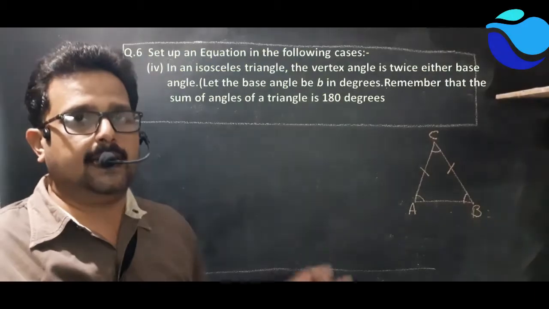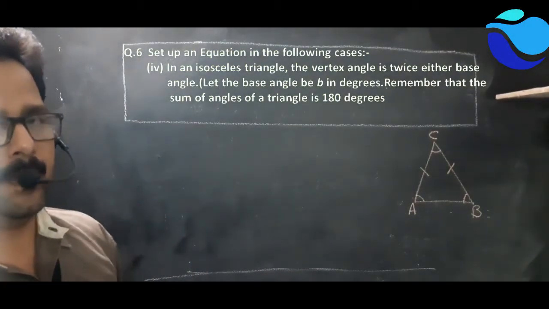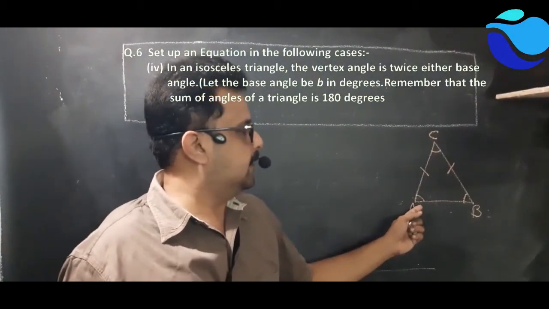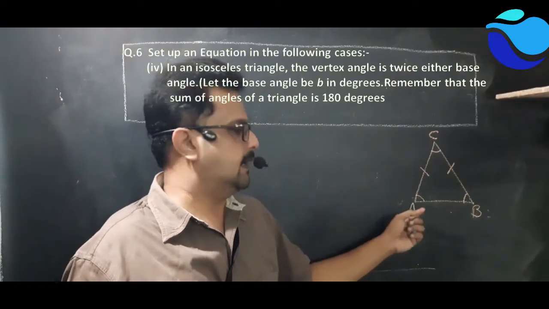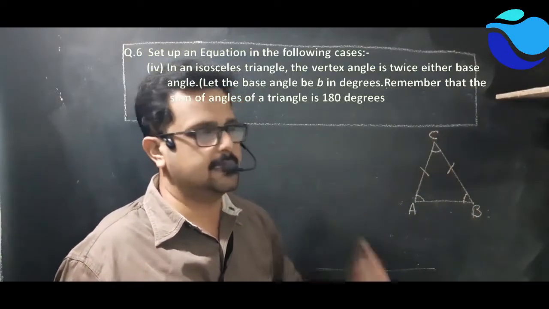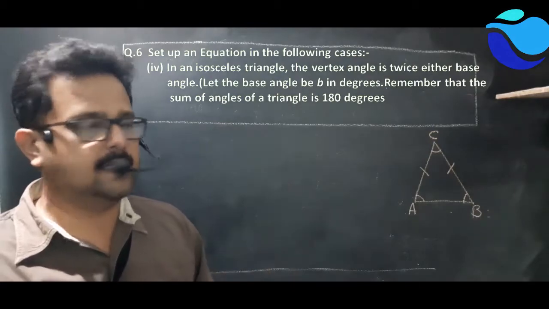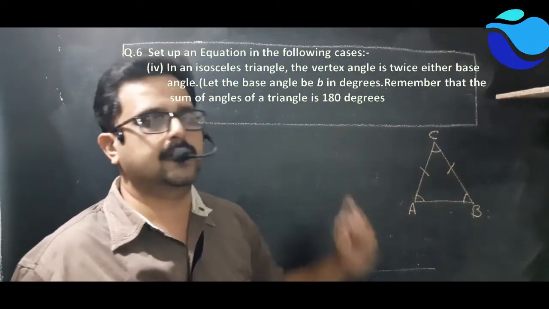And we have to use the angle sum property here. Angle sum property means if we add these three angles, angle A, angle B and angle C, the total is always 180 in the case of a triangle.